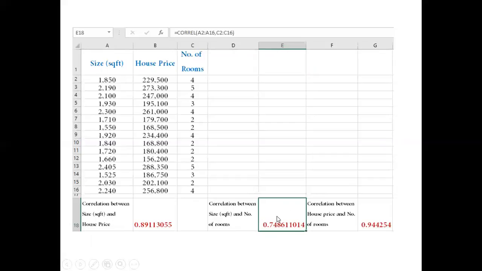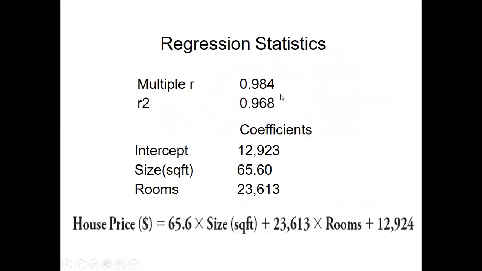The formula is given like this: A2 to A16, comma C2 to C16. This is the correlation between the size and the number of rooms. This is the correlation between the house price and the number of rooms. So this is the coefficient. We will see in the next slide that everything is done.